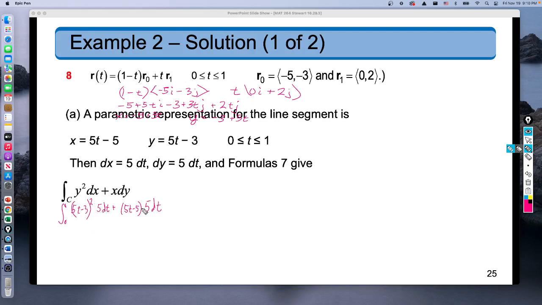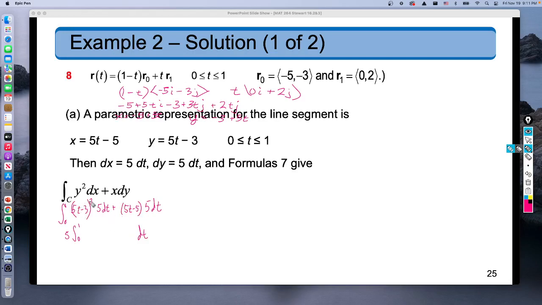We're going to factor out a 5 dt, so I'm going to put the 5 out in front, 0 to 1, the dt on the back. We're going to get this plus this. Oh, I see. Now I see, because when I wrote it on the paper I wrote it wrong. Okay, we got the right answer.